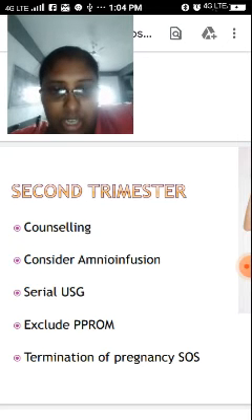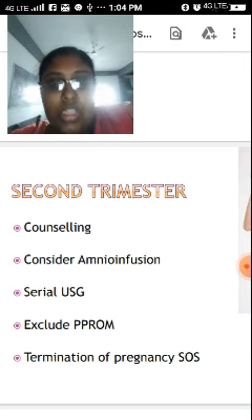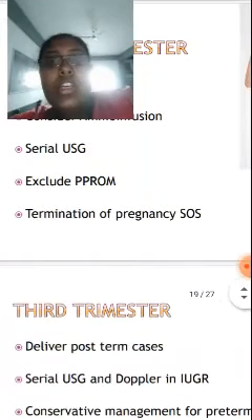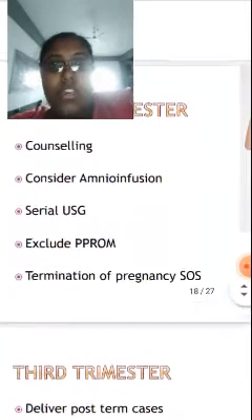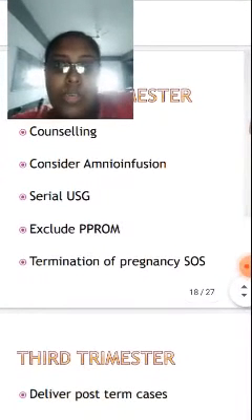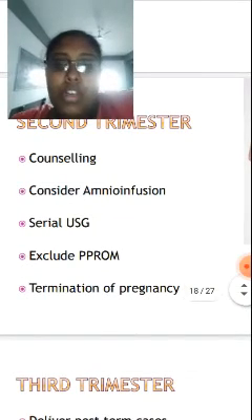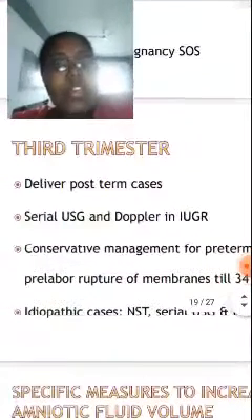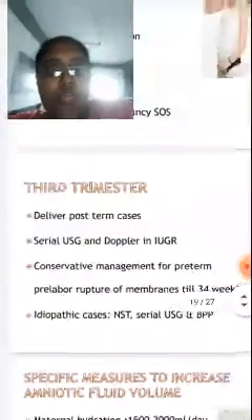Then serial, periodic ultrasonography should be done, and try to explore pre-labor rupture of membrane and termination of pregnancy whenever necessary. If termination of pregnancy is needed, then go for early termination in the second trimester itself, with trying for the survival of the baby.